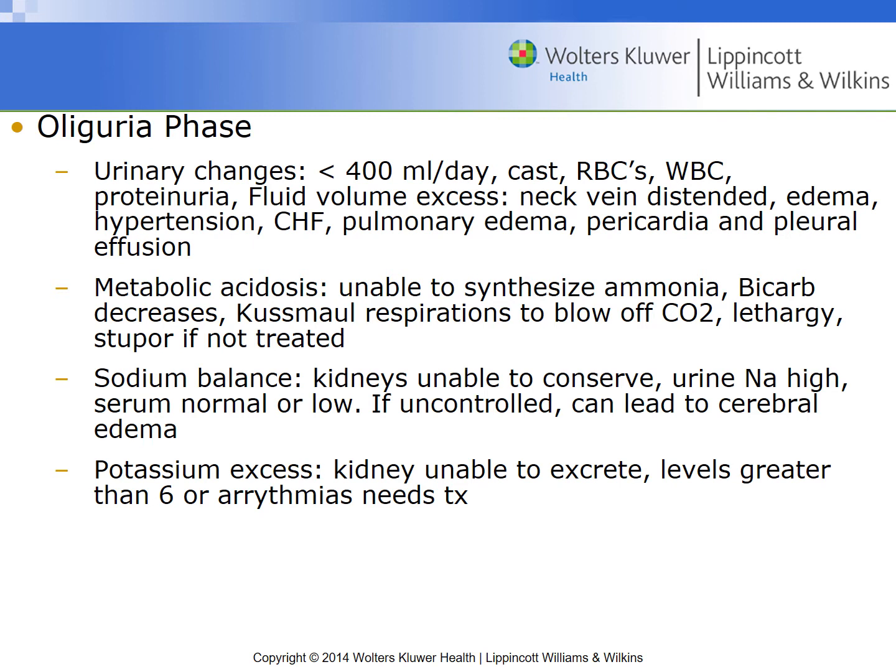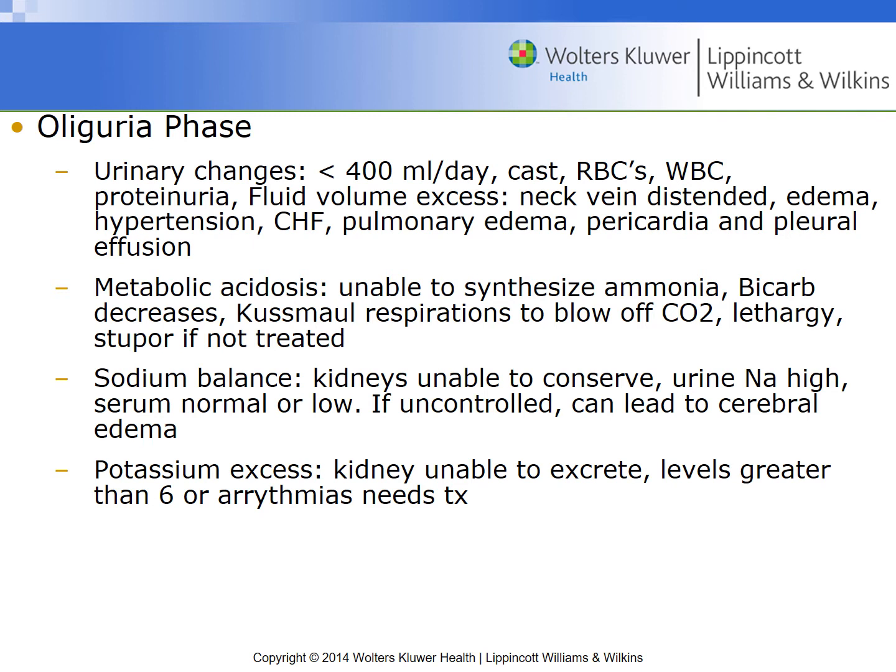We will see distended neck veins, jugular vein distension, edema, hypertension, heart failure. CHF is congestive heart failure, but we'll call it heart failure. Also, pulmonary edema can occur, and pericardial and pleural effusion. Effusion means there's fluid in the pericardial area and in the pleural area, which is not supposed to be there.